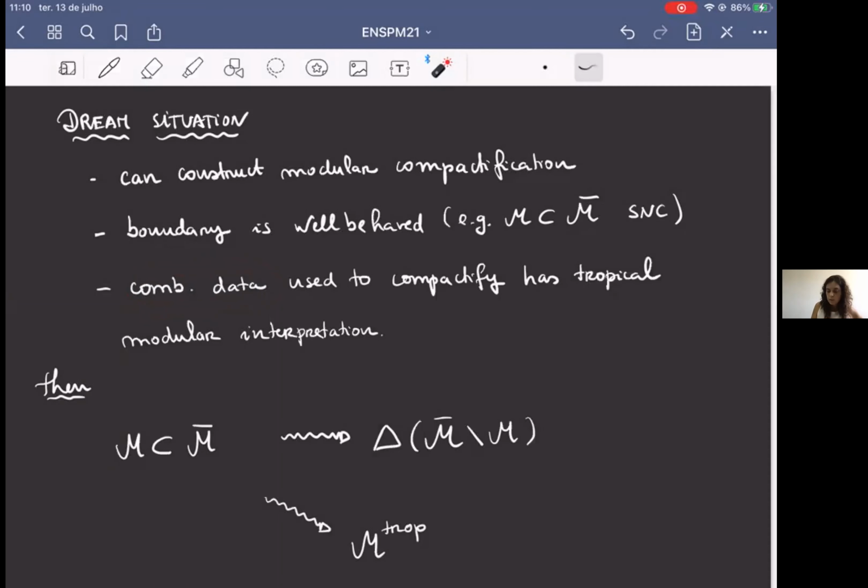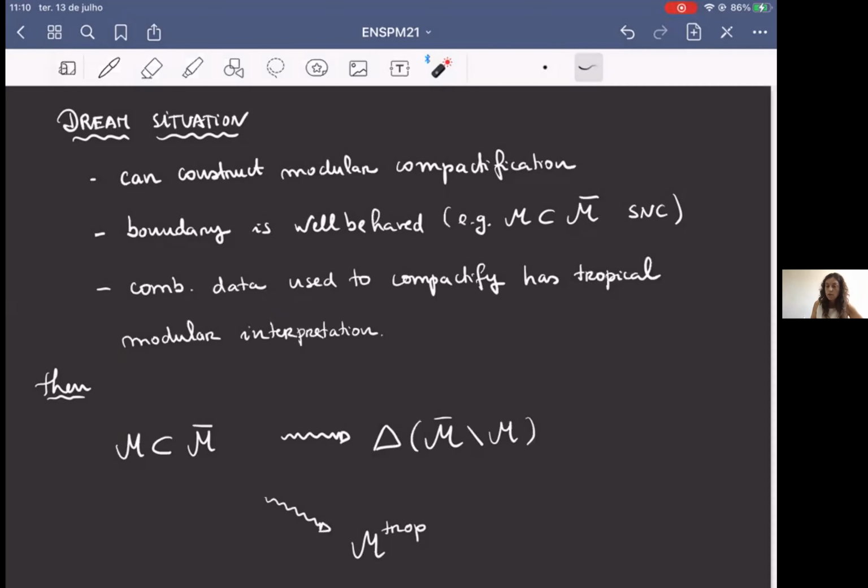So what do I mean by this? Imagine that in order to compactify, you want to add a certain number of things, and you are maybe able to give to these things an interpretation as some tropicalization of your original varieties. This will maybe be clear later in the talk.